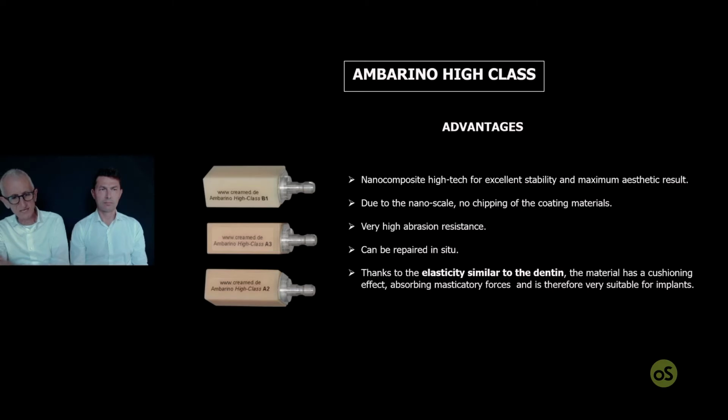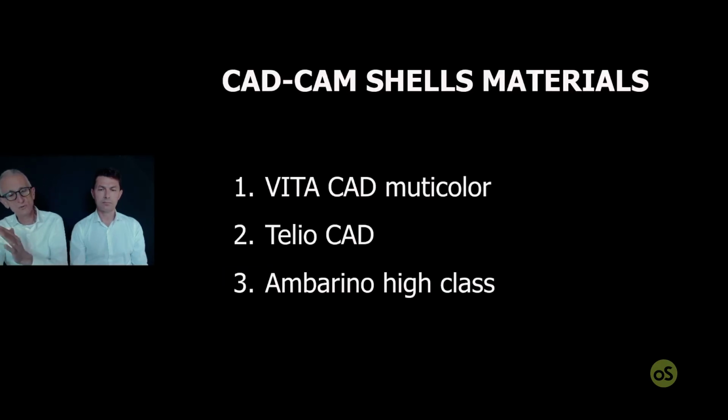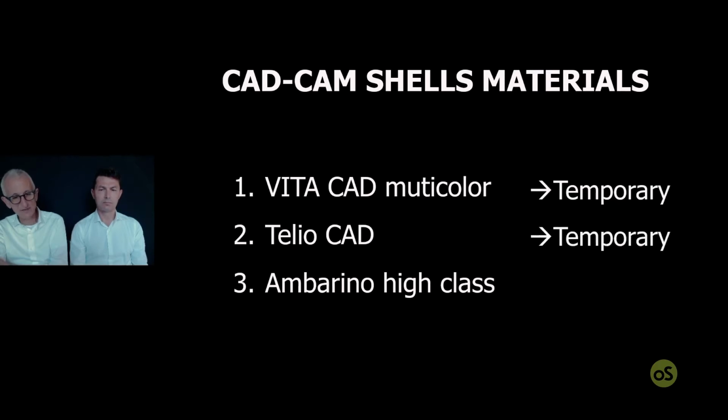So this material is very useful when you want to make something that is supposed to last a little bit longer in the mouth. So to recap, VitaCAD we use for temporary, TelioCAD for temporary, and Ambarino we use to make durable restoration. What is durable?